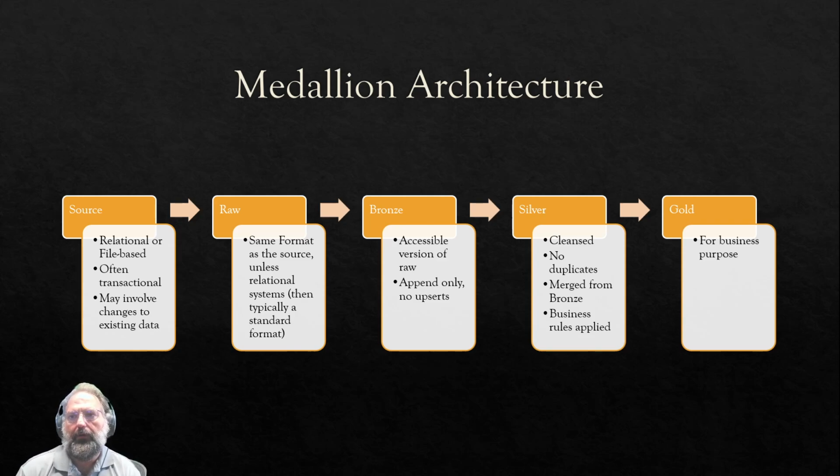Another view of the medallion architecture: we start with a relational file-based system on the left side. We then refine it or ingest it into the raw zone. Your source systems are often transactional, may or may not be, but often are. They may involve changes to existing data as well. So you may have a record that gets updated many times as part of those systems.